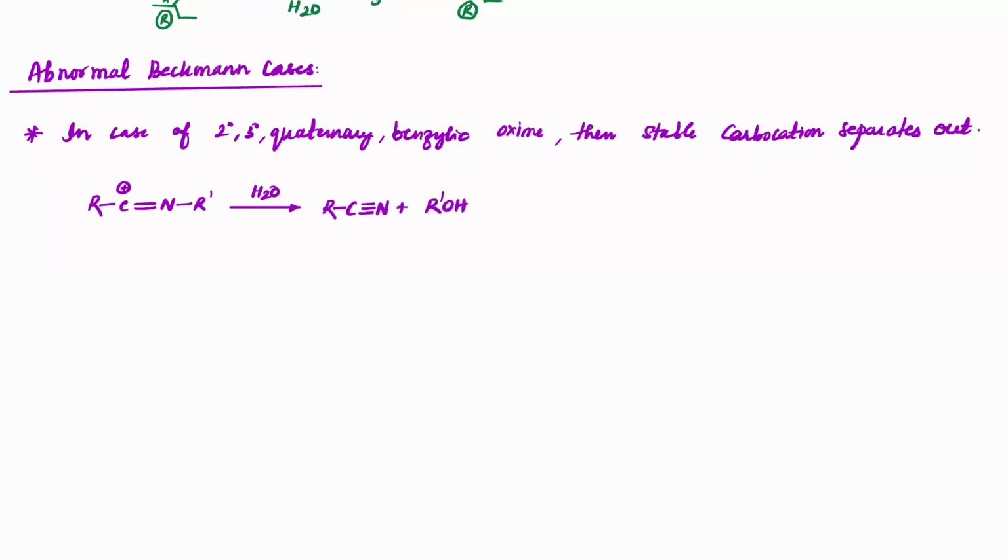Why? Considering this R dash is a stable carbocation. In case of R dash being a stable carbocation, this is what will happen.